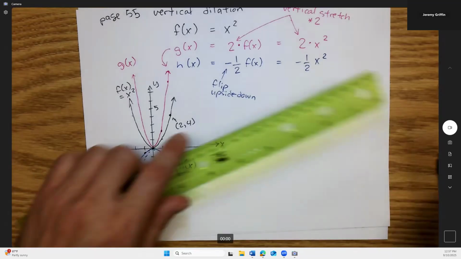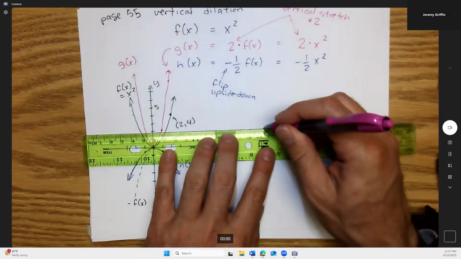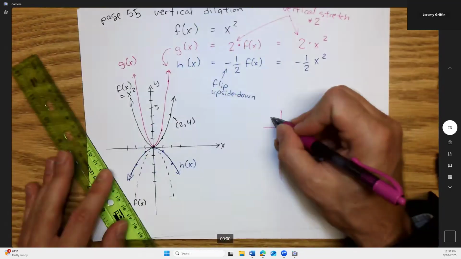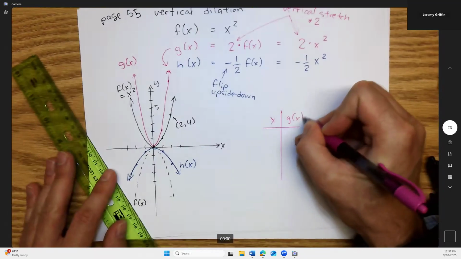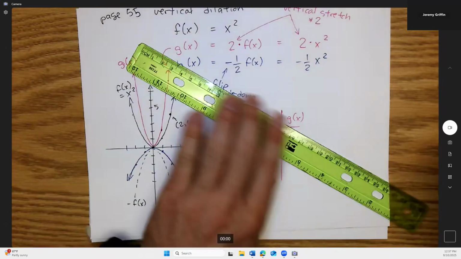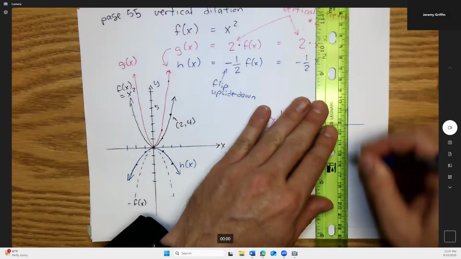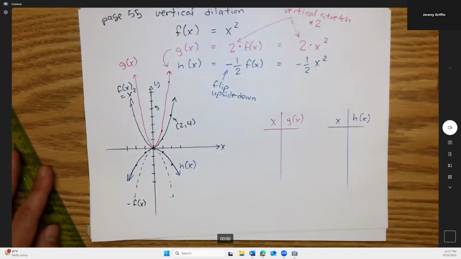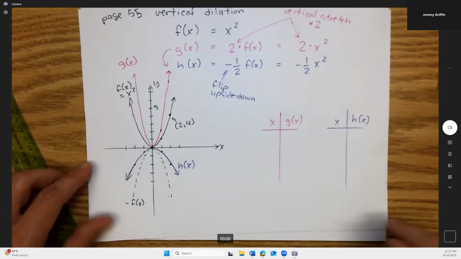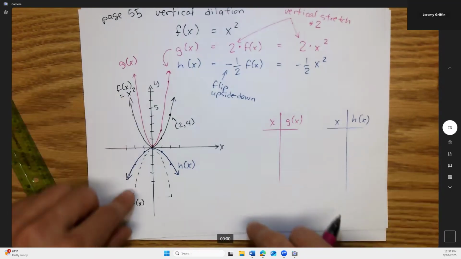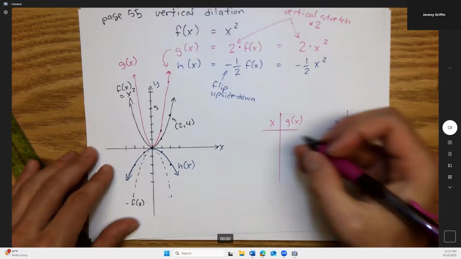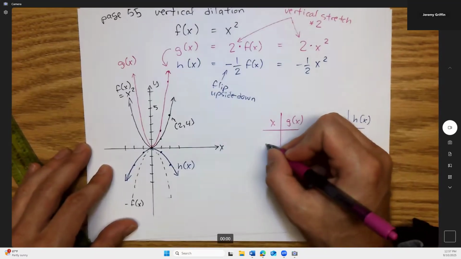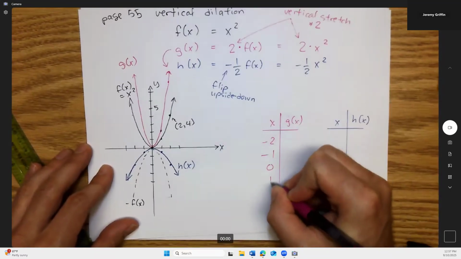Now, is that really true? Let's test it with some xy tables. So I'll do x and g of x, and then let's do x and h of x. Now I do see everything's centered around the y-axis, so I can go -2, -1, 0, 1, 2.